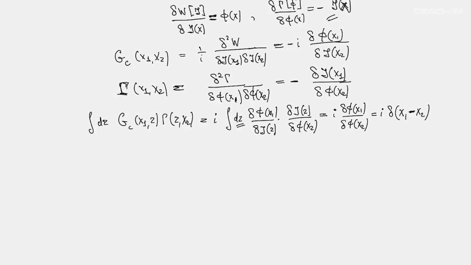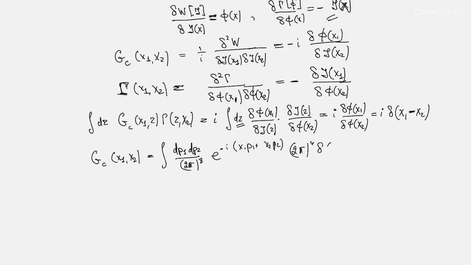So what I mean is that we know that gamma on x1, x2 can be obtained as a Fourier inverse of the Green's function in the momentum space, which is x1 p1 plus x2 p2. And then we substitute the Green's function in momentum space, which we know contains this delta function on p1 plus p2, and then Gc on p, say on p1.